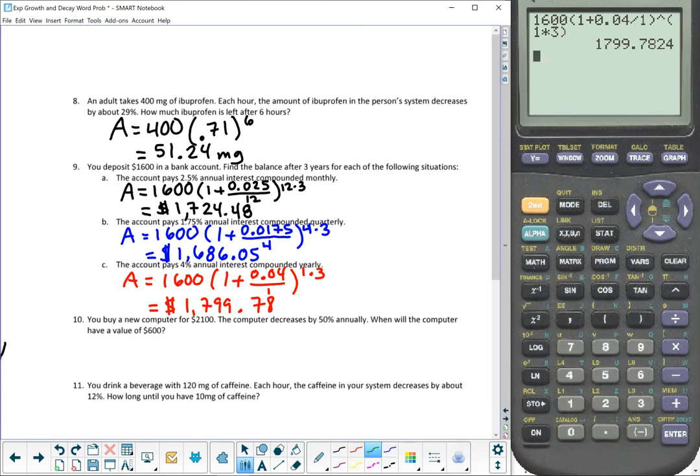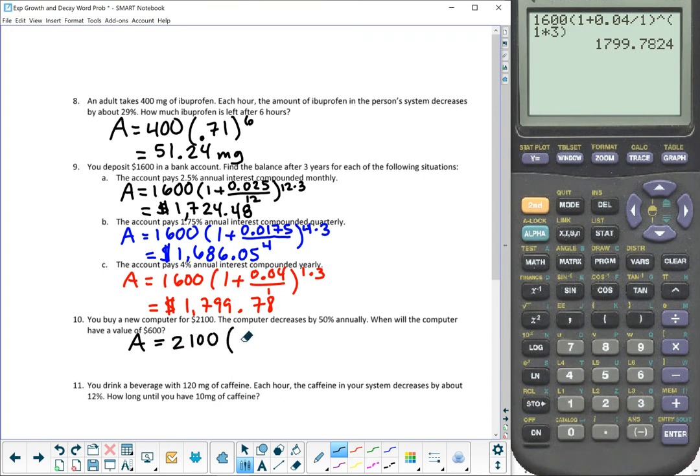Okay. When will the computer have the value of 600? Okay, so this one actually is going to be a little bit beyond your reach, or if you don't remember much from last year. Okay. So our equation for this one is going to be A, which is our final amount, equals principal, which is 2,100.